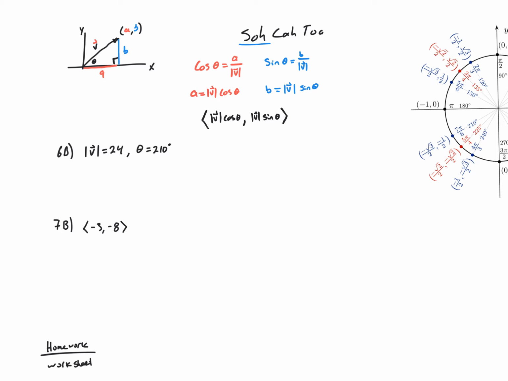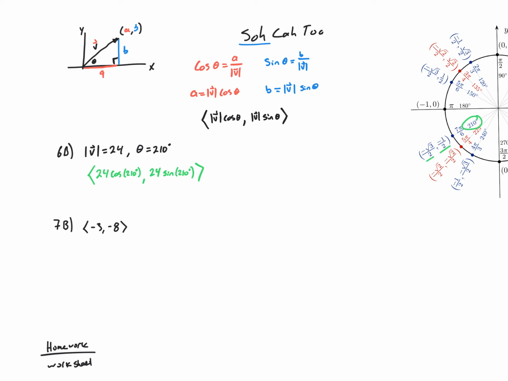So here we go. Since the magnitude of v is simply 24, this is going to be 24 times cosine of 210 degrees, and then 24 times sine of 210 degrees. Lucky for us, we have a unit circle right over here, 210.